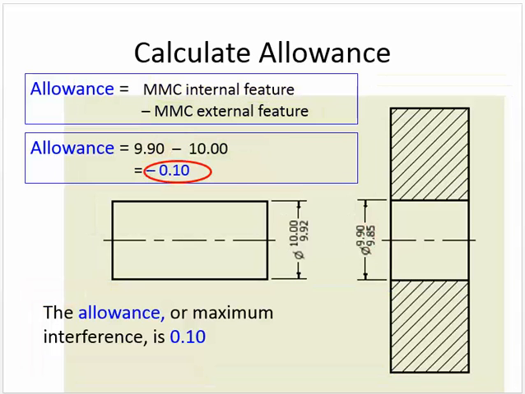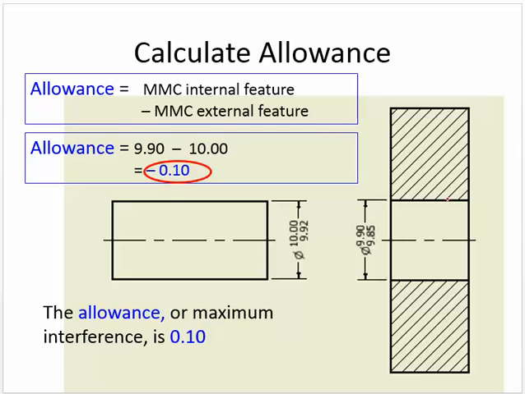Now I want you guys to look at this here. All right, go ahead and pause it and look at it for a few seconds and see if you can find the mistake. Right, because there is a mistake they make here. Did you find it? Well, again, we're trying to find the allowance. So the MMC of the internal feature, that's when the hole is going to be the smallest.